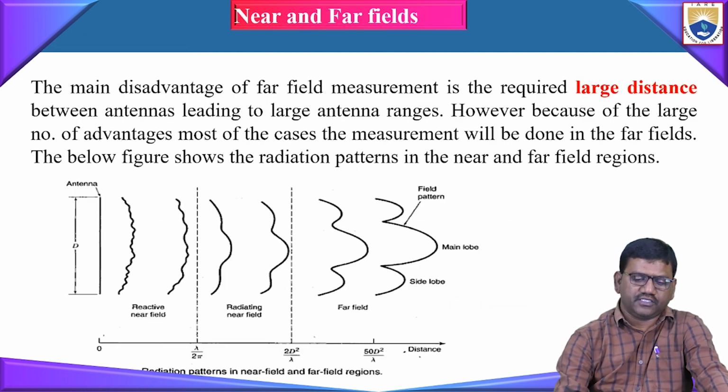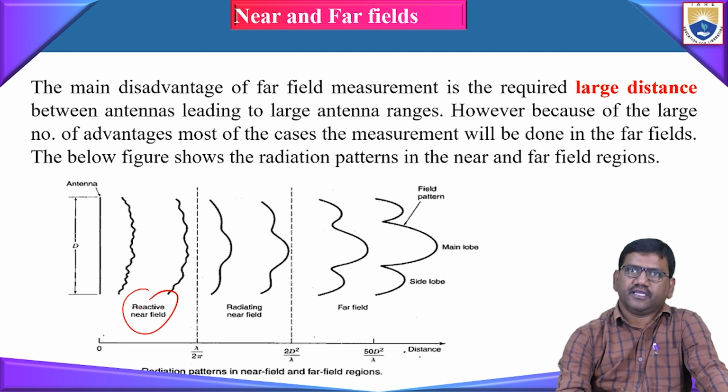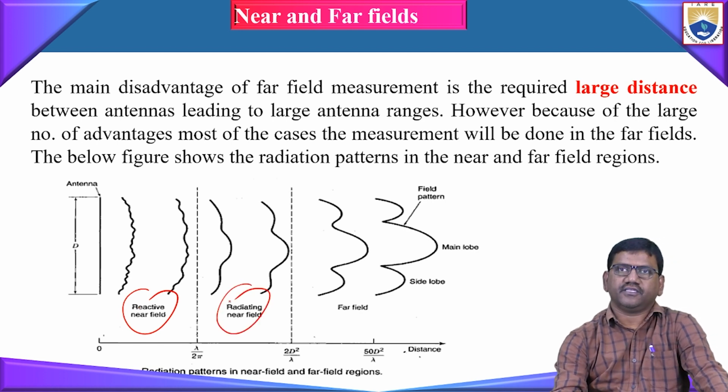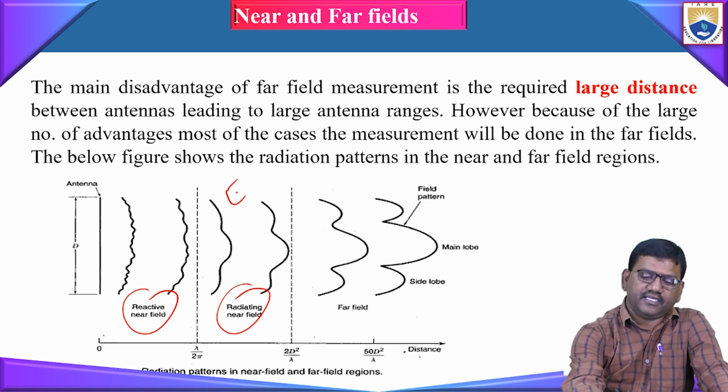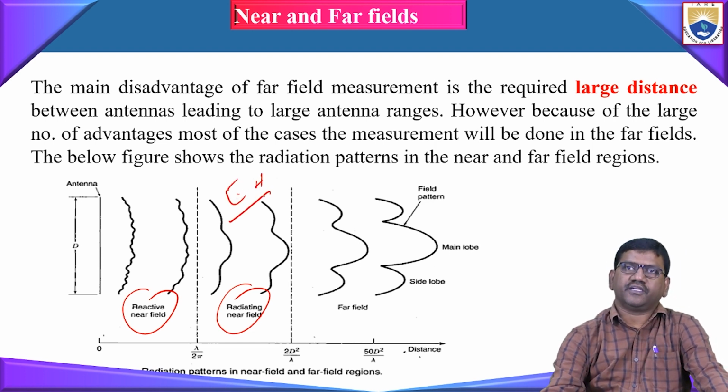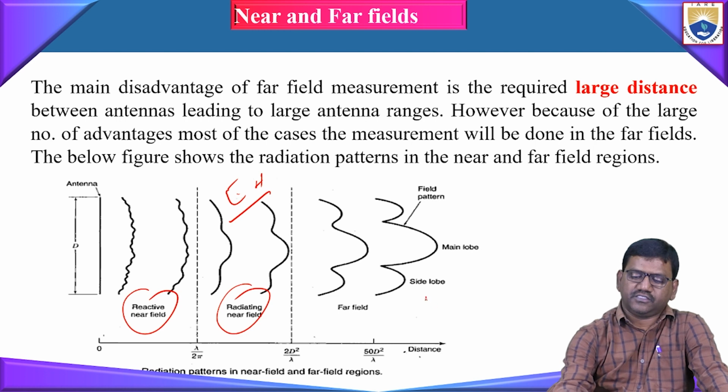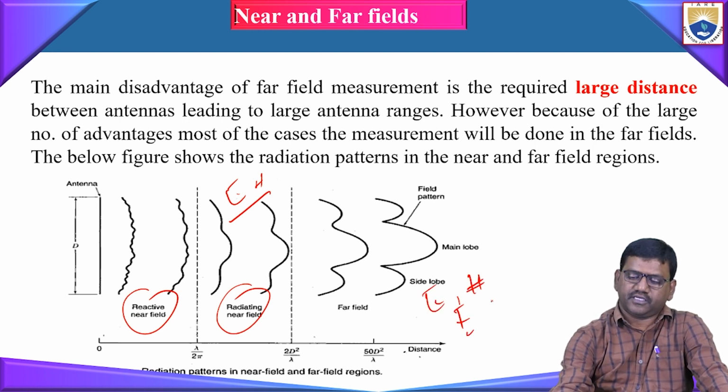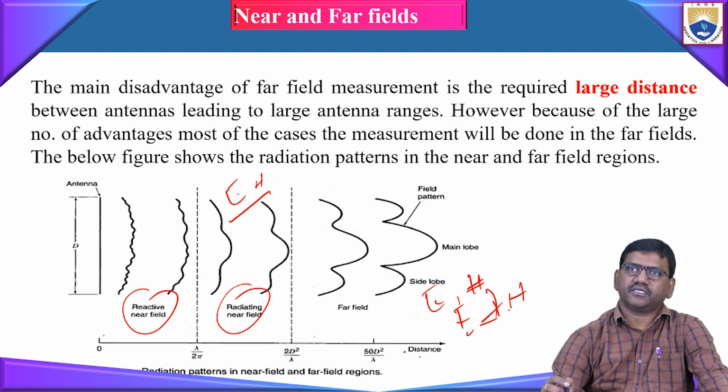So in the near field zone, the radiation pattern is not clear. In the radiating near field zone, there is a formation of the radiation pattern, and E and H are formed but not perpendicular. And in the far field zone, the radiation pattern is clear, and E is perpendicular to H.